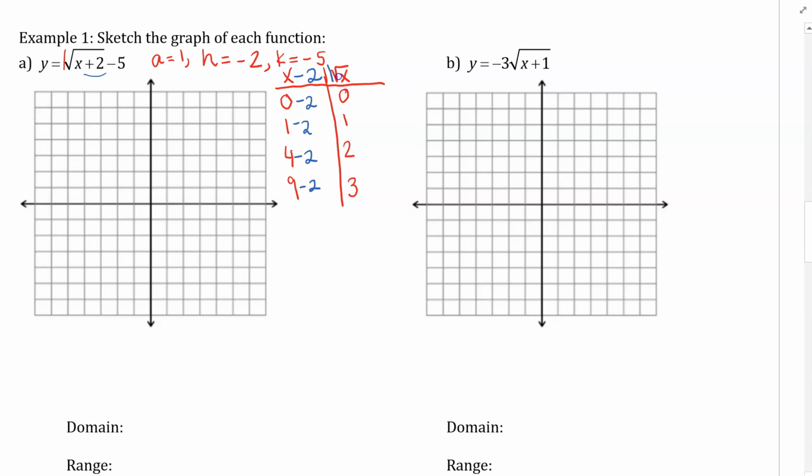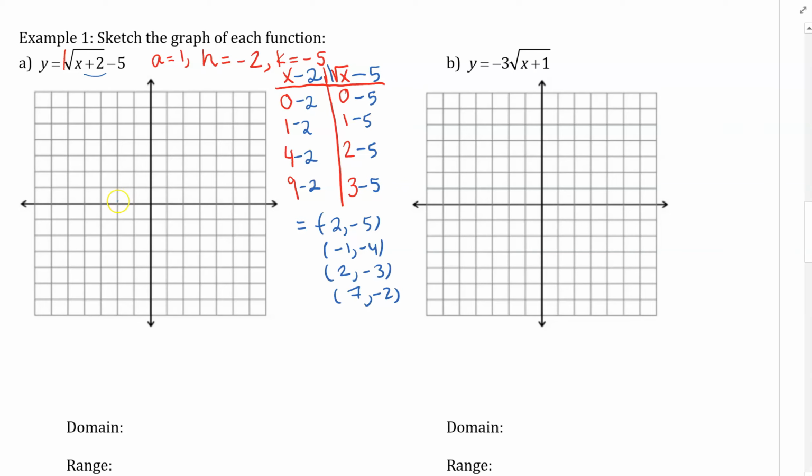A was 1, so I don't need to worry about that. K was negative 5 though, so I will need to subtract 5 from all of my y values. And so these will be the points: negative 2, negative 5, negative 1, negative 4, 2, negative 3, and 7, negative 2. That's what I get when I do all of these things.